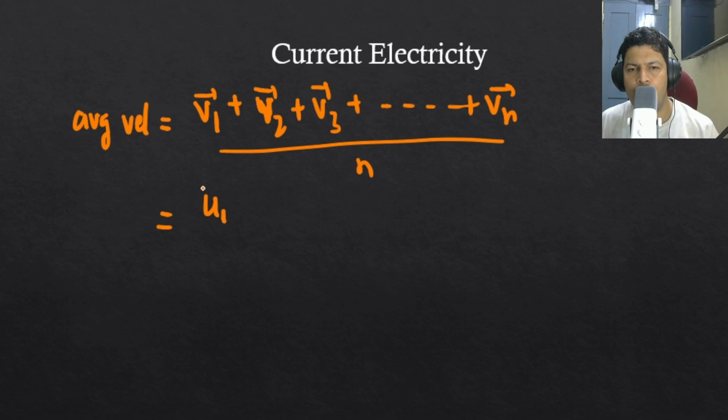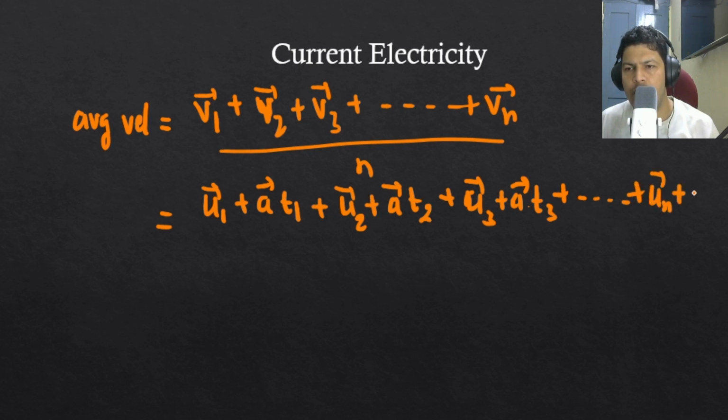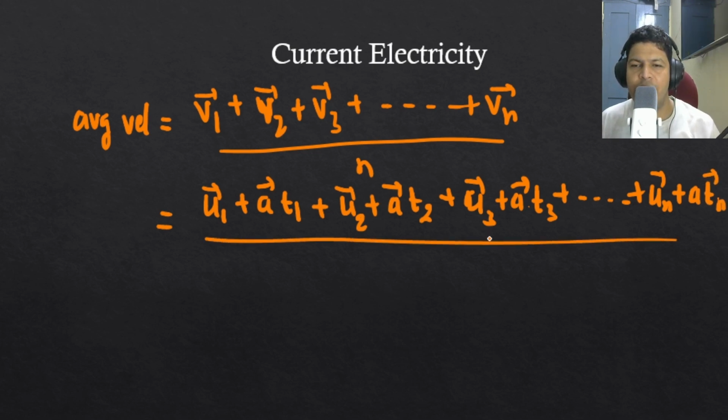V1 is U1 plus AT1, where A is for acceleration, plus U2 plus AT2, plus U3 plus AT3, up to the last term Un plus ATn. Now divided by n.